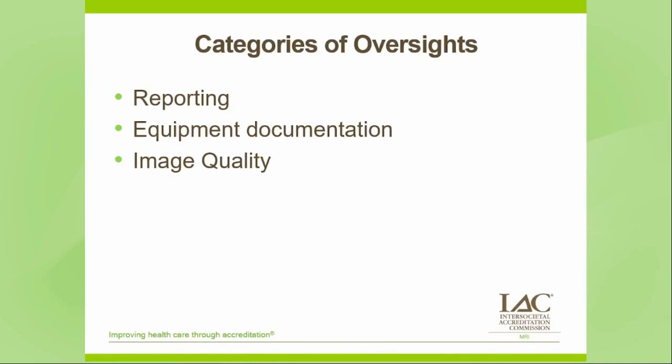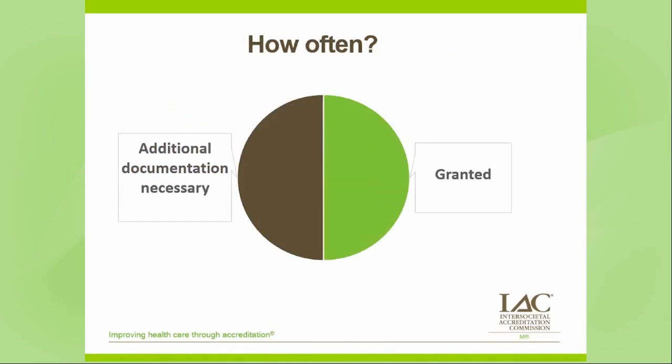Please keep in mind that the oversights that are identified during the IAC peer review that require additional documentation are by no means confined to the items that I'll be reviewing in this webcast. Before I dive too much deeper, I'd just like to let you know that about half of the applications that are submitted for IAC MRI accreditation contain some type of discrepancies that are identified during that physician, physicist, and technologist peer review that must be rectified prior to the accreditation being granted.